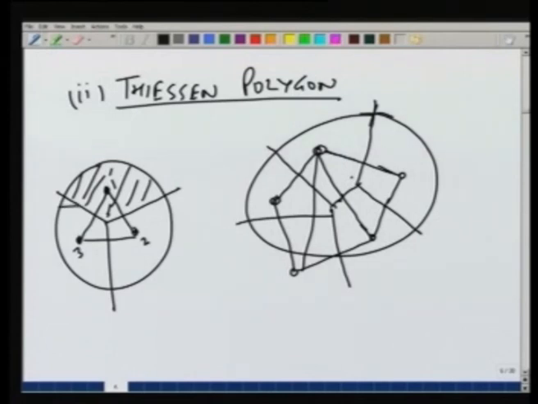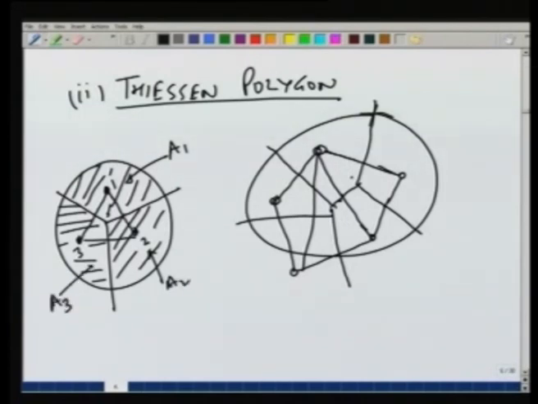Similarly, this area is closer to 3 than any other gauge and this area is closer to 2 than the other 2 gauges. So, we find out this area, let us call this A1, A2 and A3 and assign the weight equal to this area divided by the total area.